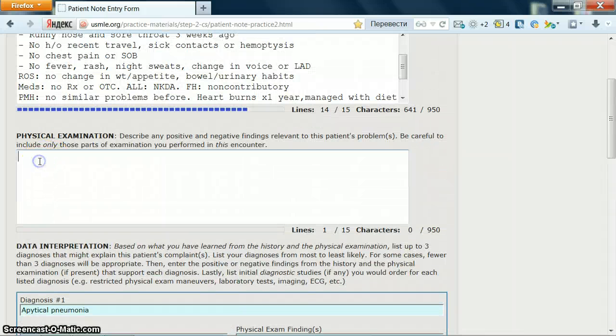And now we start to fill our physical. Let's say this patient does not have any fever or any increased respiratory rate.